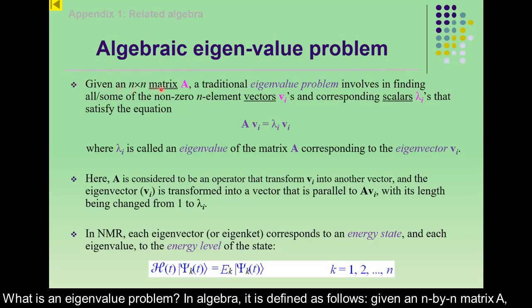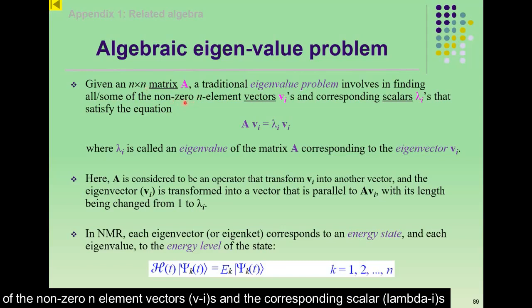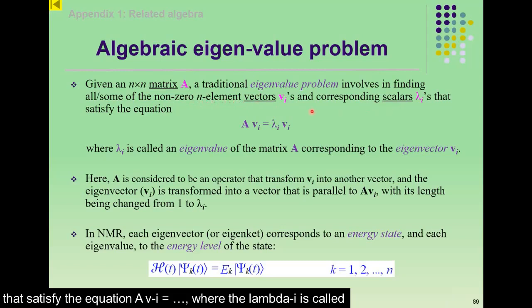Given an n by n matrix A, a traditional eigenvalue problem involves finding all or some of the non-zero n-element vectors v i's and corresponding scalars lambda i's that satisfy the equation A v i equals lambda i v i, where the lambda i is called an eigenvalue of the matrix A, corresponding to the eigenvector v i.